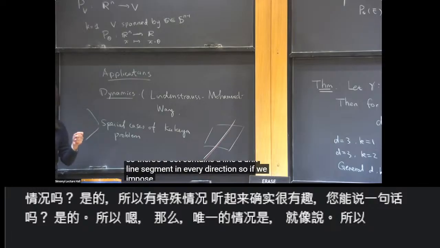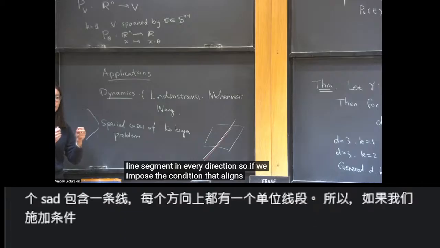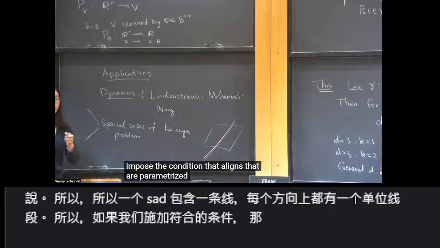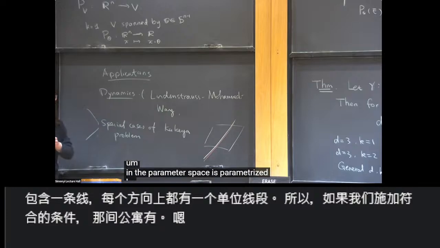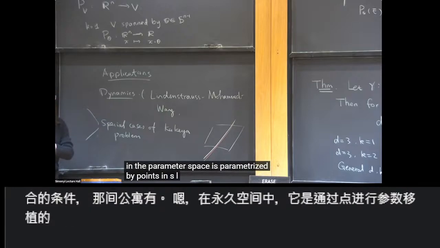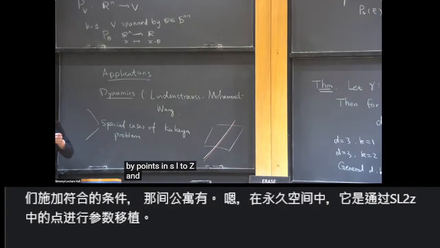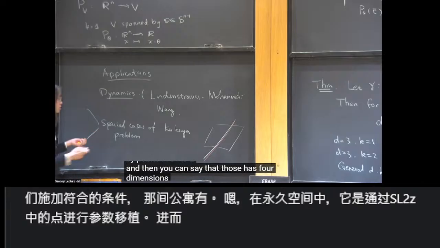So if we impose the condition that lines in the parameter space are parameterized by points in SL2(R), then you can say that those Kakeya sets have dimension 4.